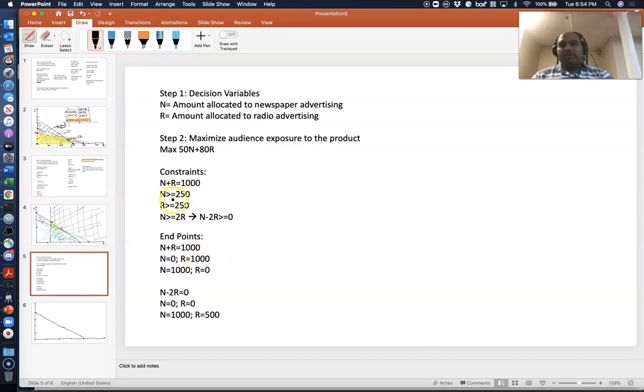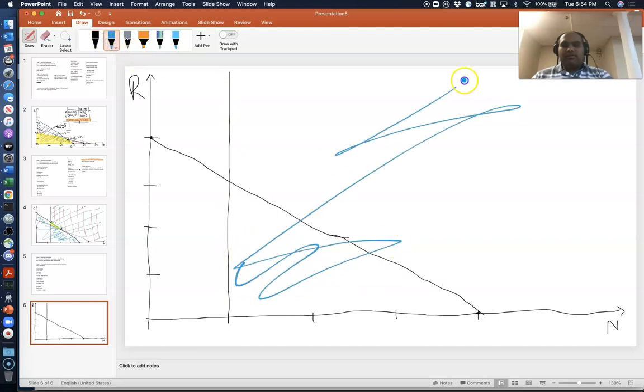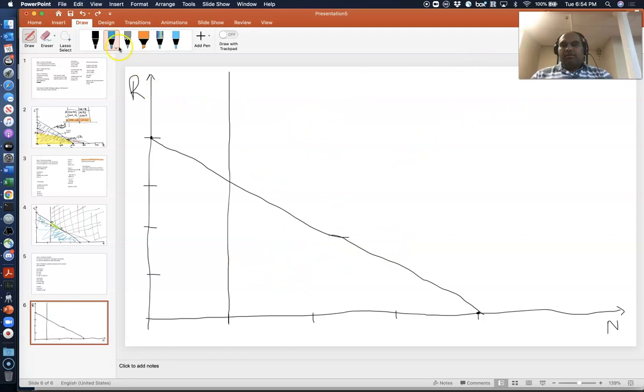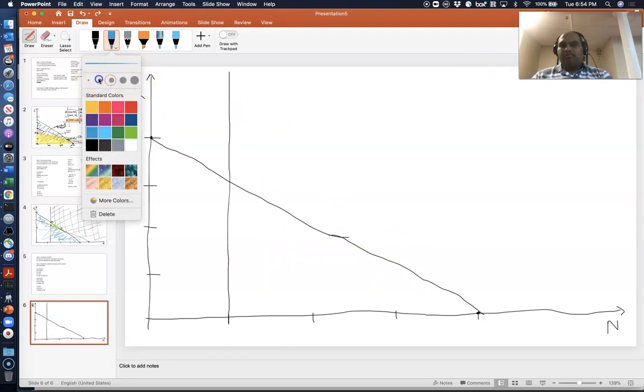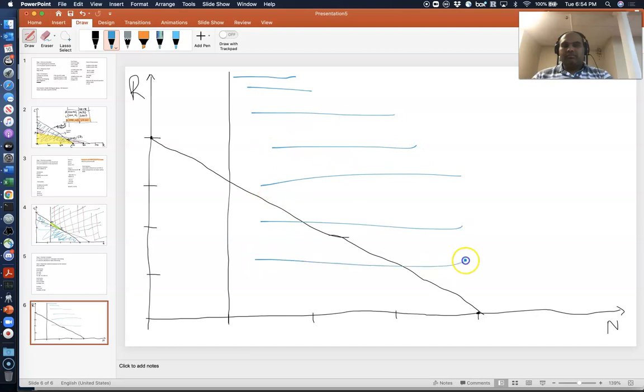So the next one is n is greater than or equal to 250. So this is the n axis, this is the r axis, just to be clear. So n is greater than or equal to 250. So we draw a vertical line and everything on this side right here. Now the other line is r is equal to 250. So that's right here.